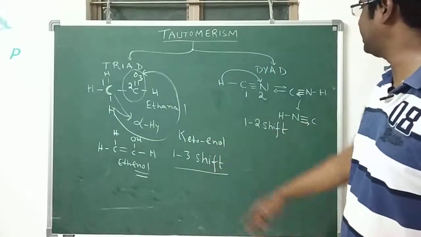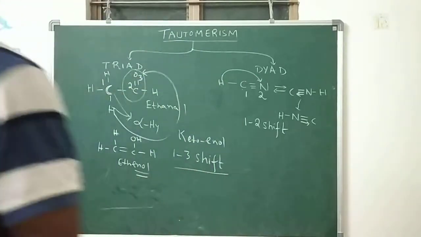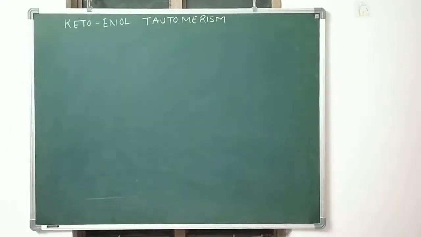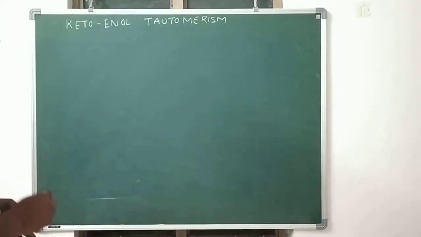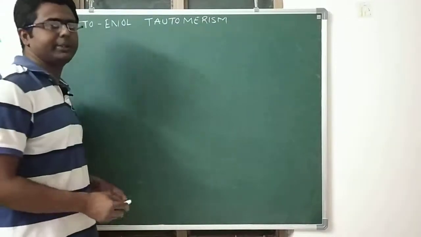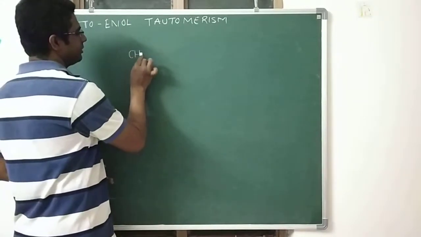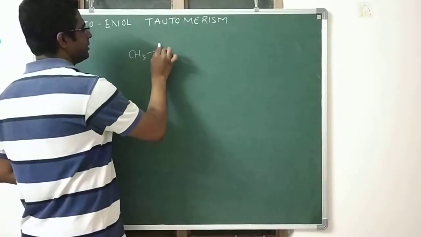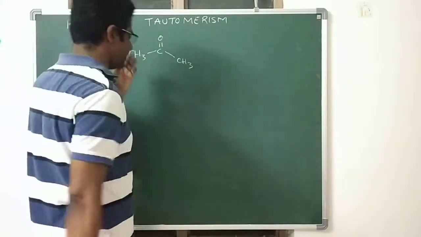We have discussed keto-enol and simple dyad system. Now we'll go into details of keto-enol and different types of tautomerism. So now we will go into detail on keto-enol tautomerism. So let us take the simplest ketone of all. Simplest ketone क्या होता है? Acetone होता है. So let us take acetone. So CH3 CH3. ठीक है?